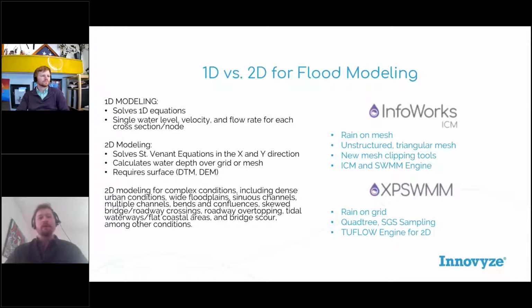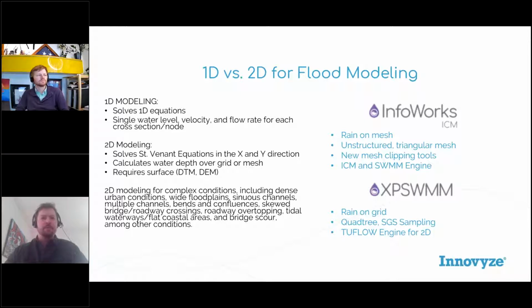For those of you who are not familiar with all of the solutions, we're not going to focus on all of them today, but Ryan is mainly going to be focusing on ICM in terms of his analysis. But if you want to talk about 2D analyses at Innovyze, we're either going to be talking about ICM or XP-SWMM. Both of them are very formidable solutions in their own right, with obviously some differences between them.